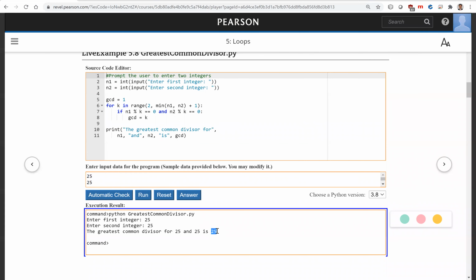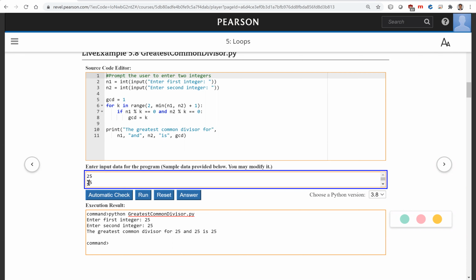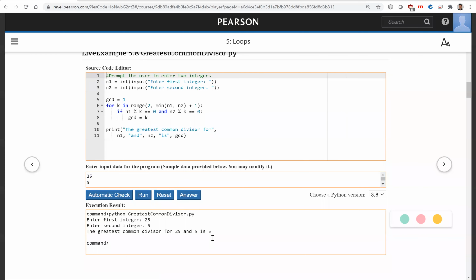For a program, you have to test it with different situations. So you have these 2 integers. What happens if the 2 integers are the same? And what happens if the first integer is 25 and the second integer is less? So now this is the case.